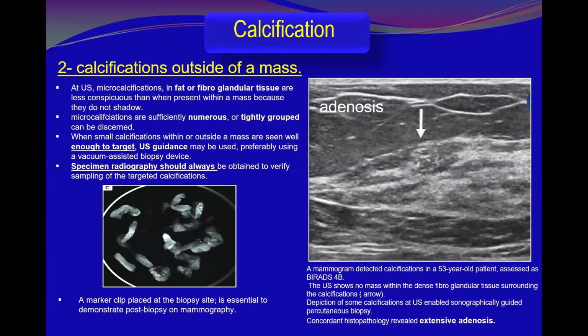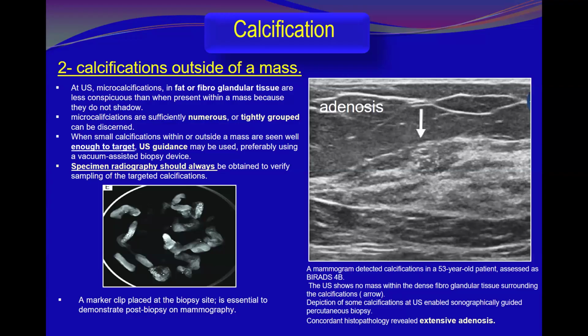The microcalcifications at ultrasound in fat or fibroglandular tissue are less conspicuous than when present within a mass because they do not give shadowing, okay? When seen within the mass, especially if it is hypoechoic, it will enhance the conspicuity of that microcalcification.